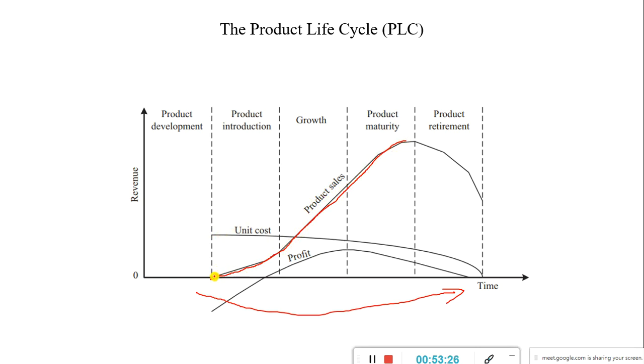Similarly, initially assume the product has very low sales numbers, so the unit cost is at a very high rate. And if you look at the profit in the initial days, it is almost in the negative. Now as the sales increase, per unit cost also decreases and profit margin also increases.